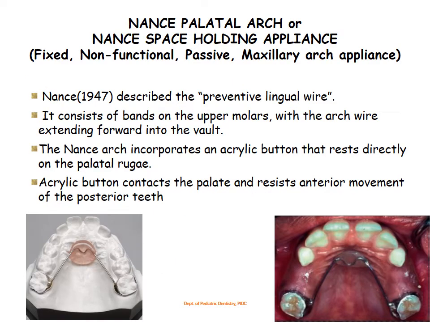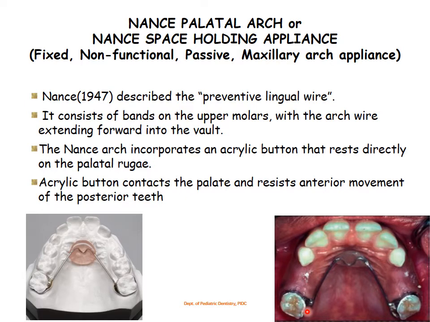So first we'll discuss the Nance palatal arch, or the Nance space holding arch appliance. As you can see from the picture itself, it's a fixed type of appliance. The banding is done for the molars, both the molars over here, as the D and E are missing.